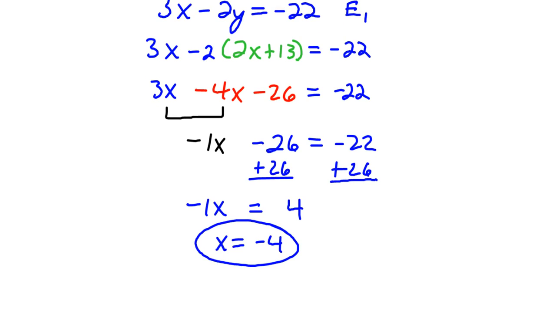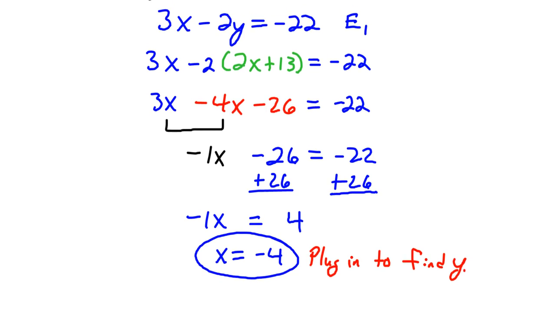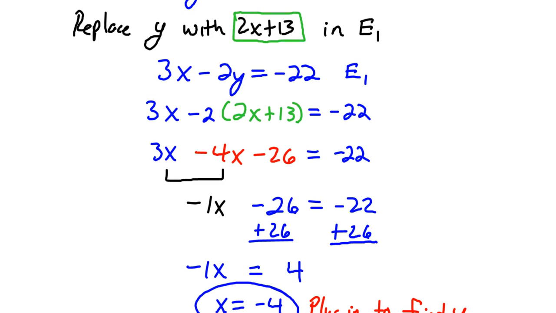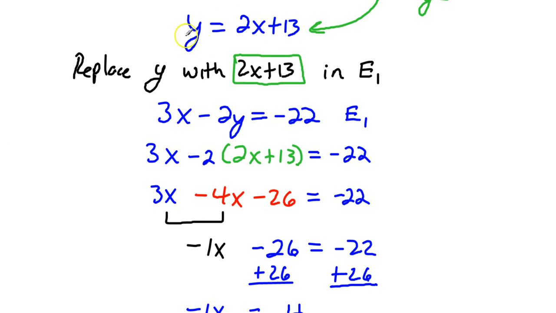Okay, the good thing is you've got the two blanks, one for x equals, one for y equals. So same thing here, now you've got to plug this in. The easiest place to plug it into is the part you did the substitution with back here, where you had y equals 2x plus 13. That's the one you want to use, because it makes the least amount of work.